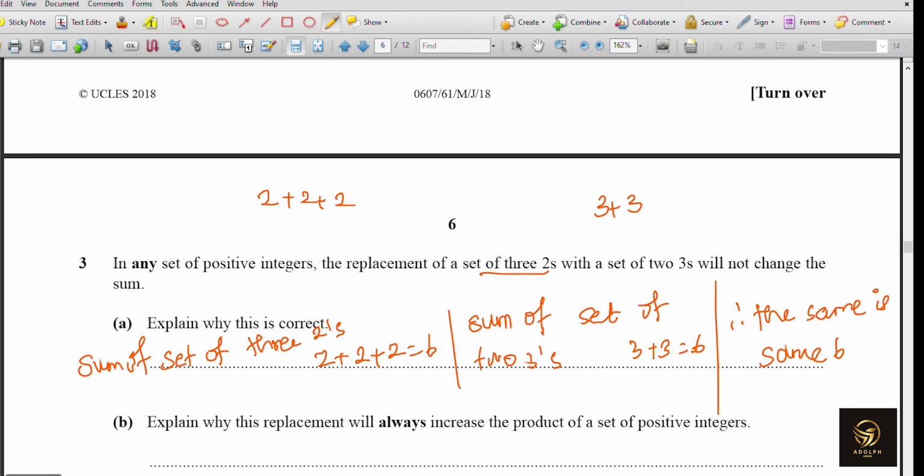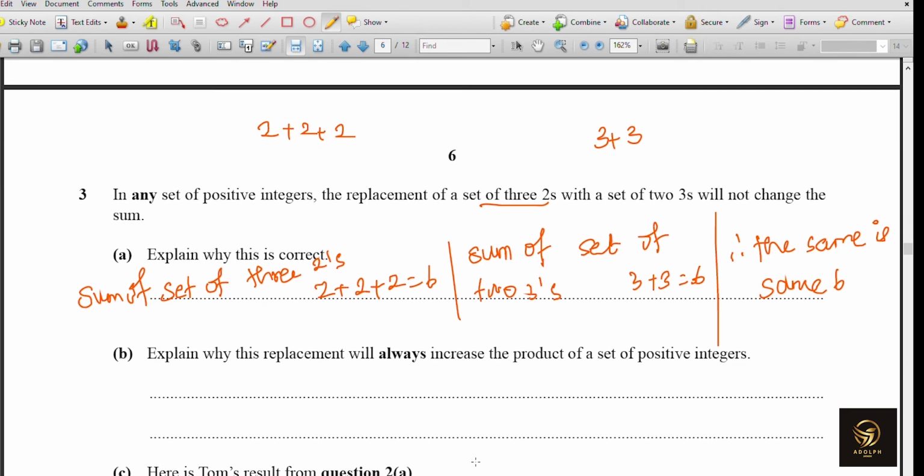Okay, next, explain why this replacement will always increase the product of set of positive integers. So here they have asked why this one set of 3 2's can be replaced by 2 3's, and they are asking why this replacement will increase the product. Let's check here.